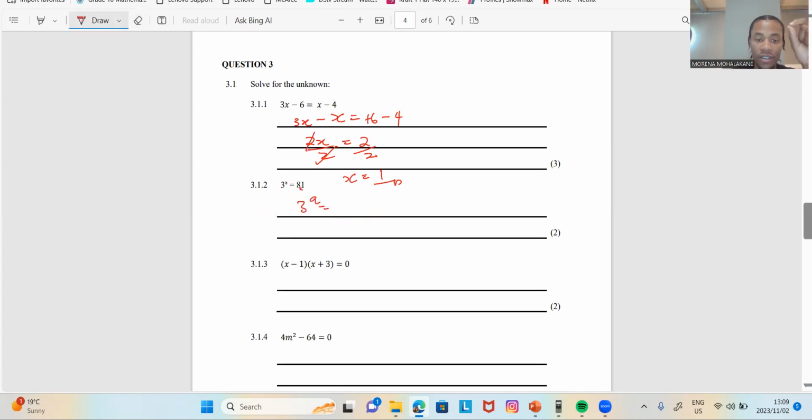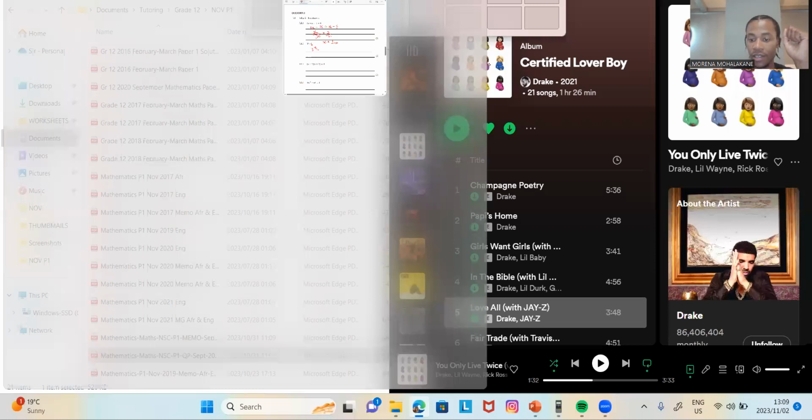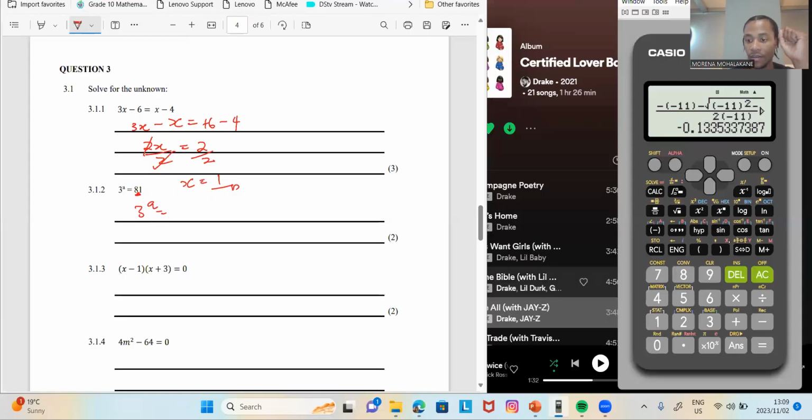Then I can change this number into power form. 81. This is what I do on the calculator. 81, then equal to, right? Then I say shift, I go to factor.